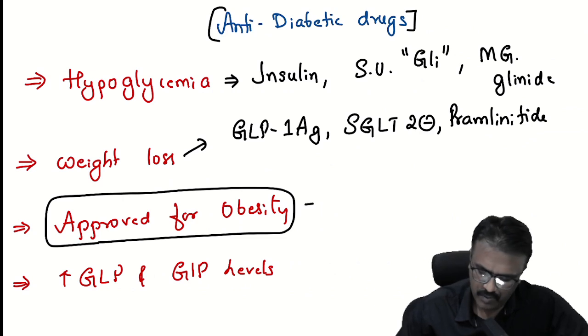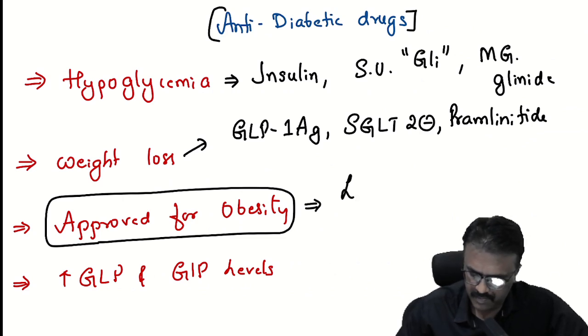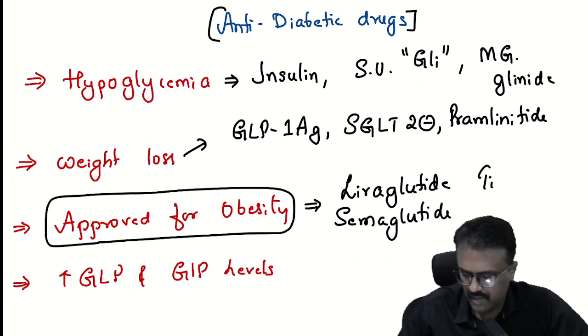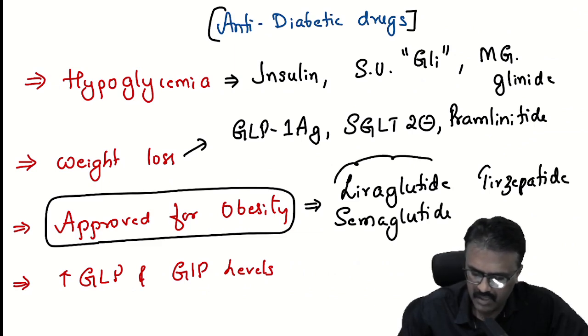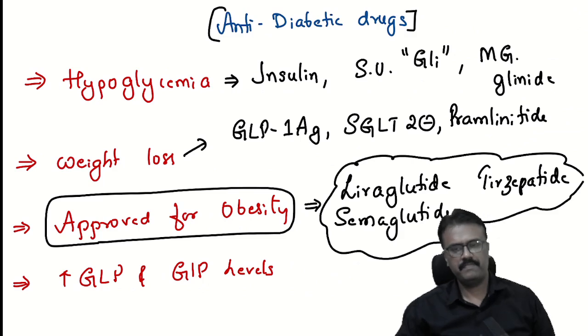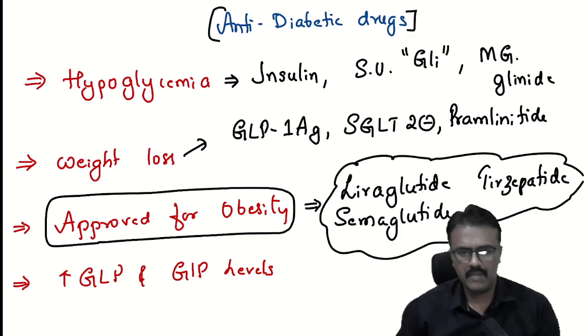The ones approved for obesity also are, if you want to become lean, liraglutide. If you want to become slim, semaglutide. And recently we have another drug called tirzepatide. So 100% these can be tested because it is making noise everywhere, in the media, in the social media, everywhere.